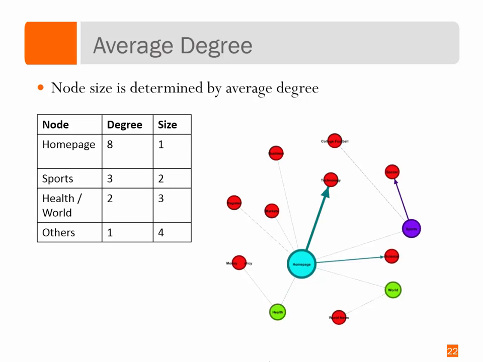So this gives us our third size. The green nodes are just a little bit smaller than the purple sports node, but larger than the red nodes. And all the others, the red nodes, all have 1 relationship, and so we give it the size 4, which is the smallest we see on the screen.